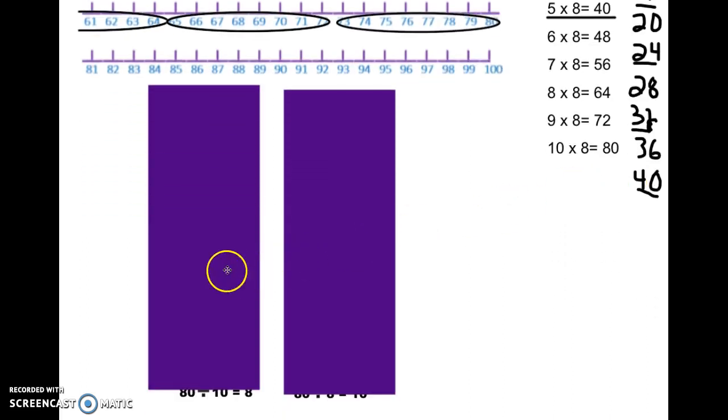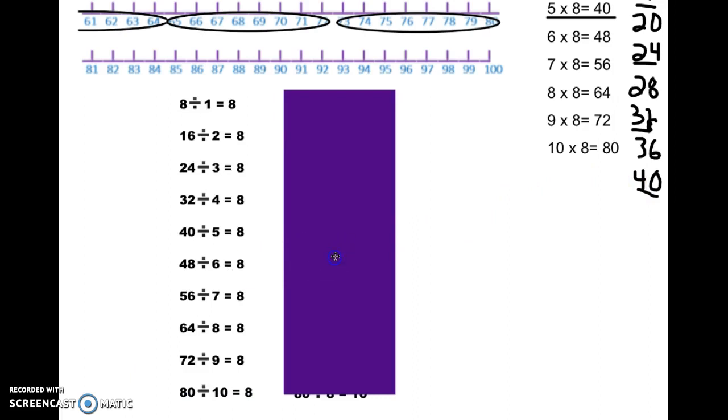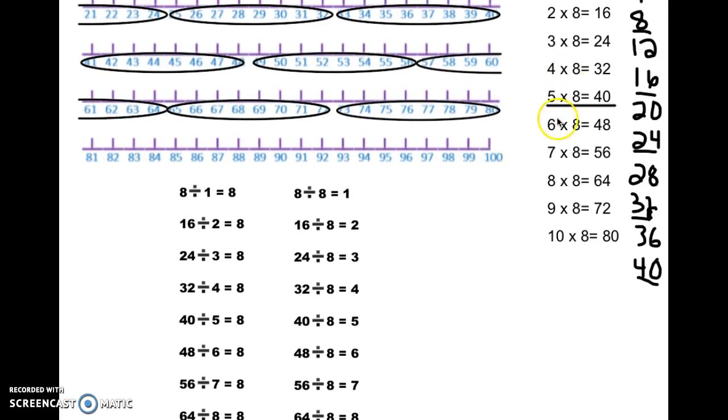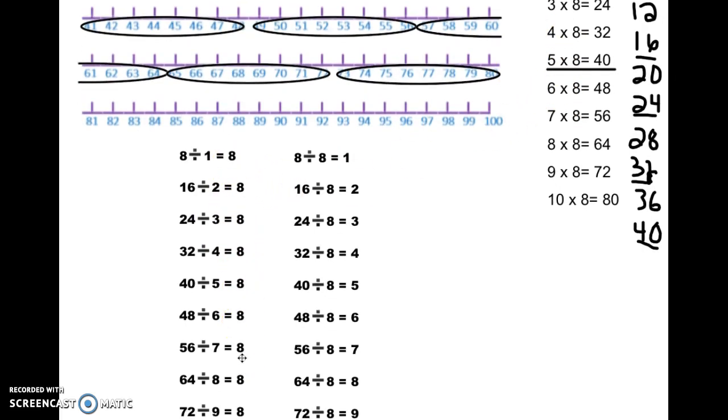You can also look at the division facts, and you'll see some patterns in there. When we take all of the products that we found over here and divide them by one of the factors, we get 8 all the way across. And if we divide them all by 8, we get 1, 2, 3, 4, 5, 6, 7, 8, 9.